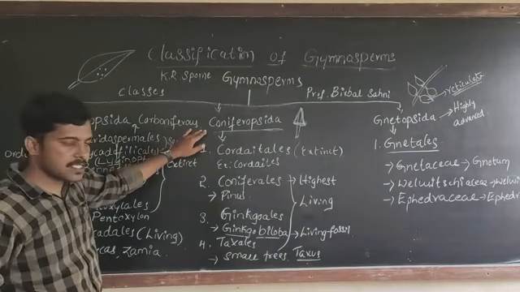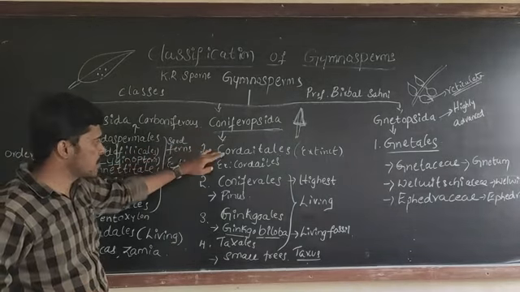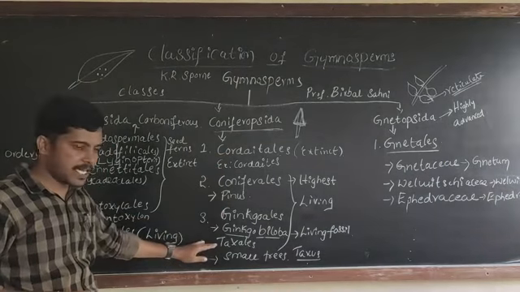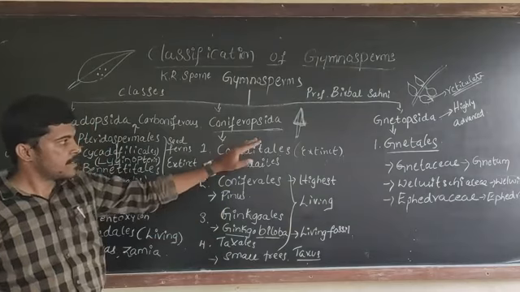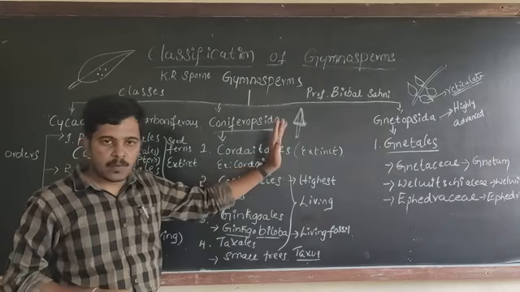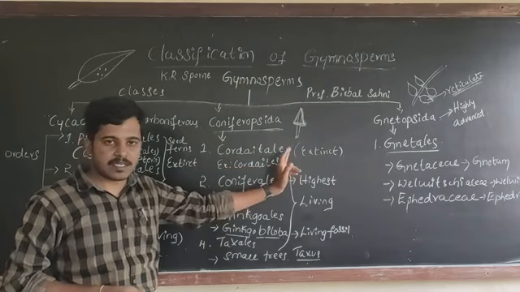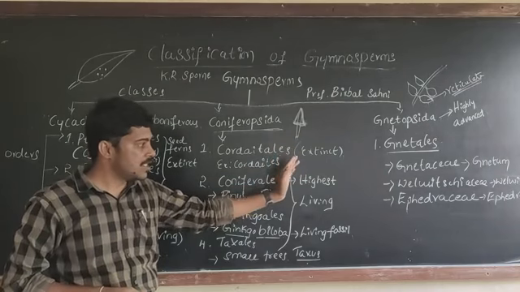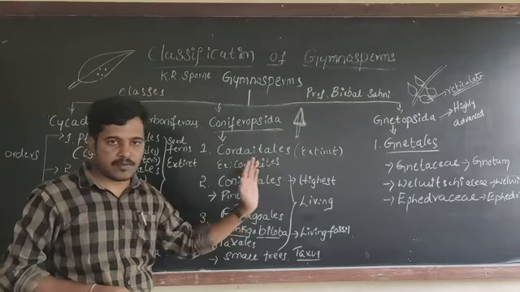Class Coniferopsida is divided into four orders: Cordaitales, Coniferales, Ginkgoales and Taxales. And class Gnetopsida consists of only one order, Gnetales, which consists of three families: Gnetaceae, Welwitschiaceae and Ephedraceae.